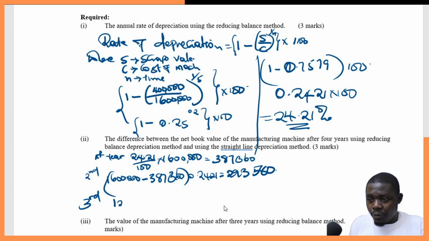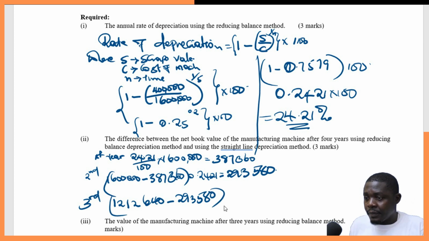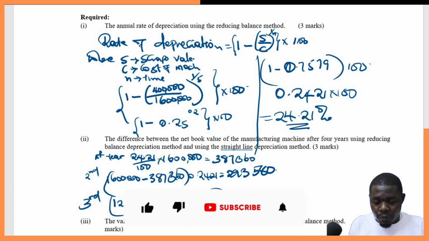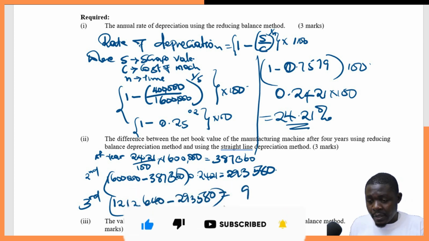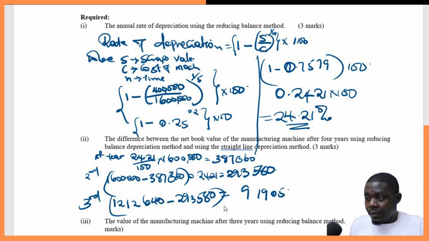In the third year, we take 1,212,640 minus 293,580, that was 919,059.86. We multiply by 24.21 over 100.